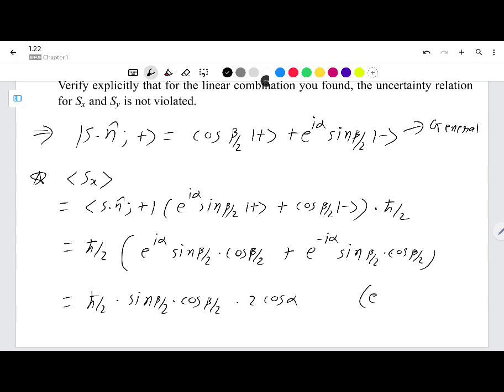And because the sum is equal to cos alpha.